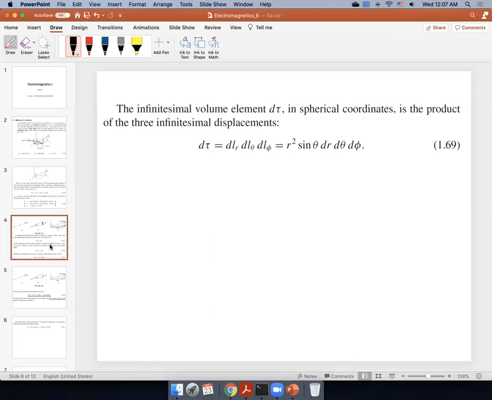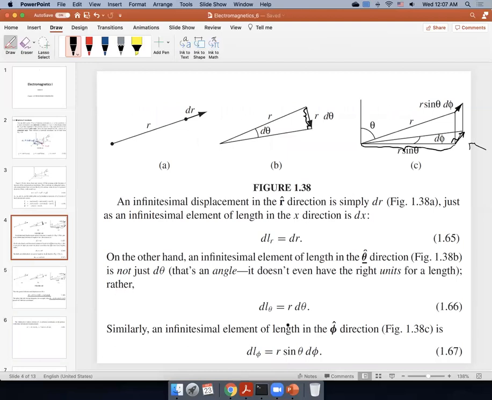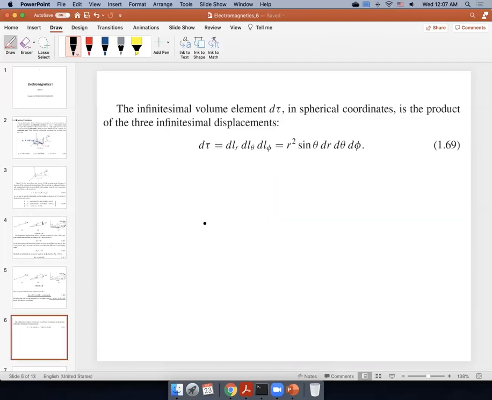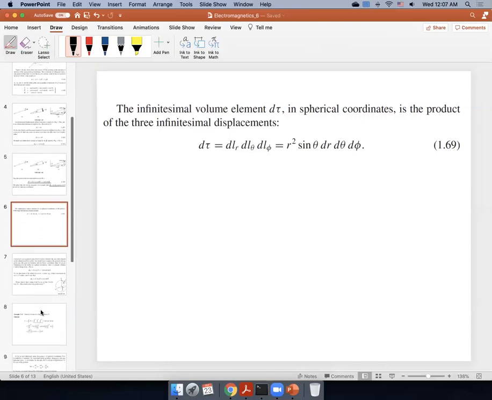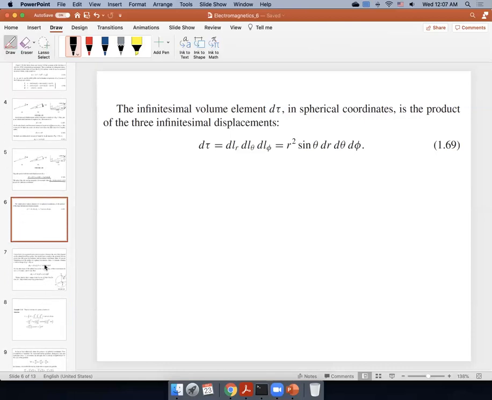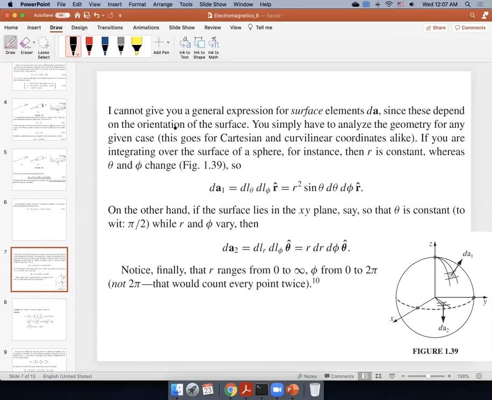It's just from those three equations. Okay, that's easy. It's easy for the volume elements. Now let's see the surface elements. For the infinitesimal surface elements, that's a little bit more complicated.